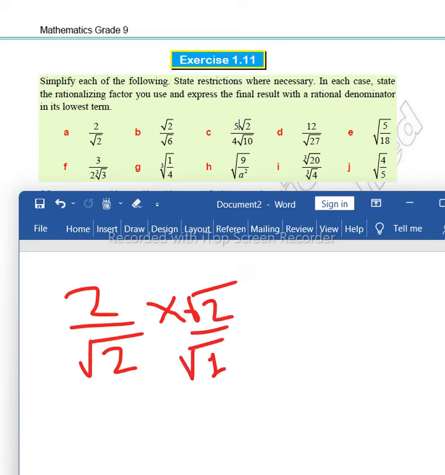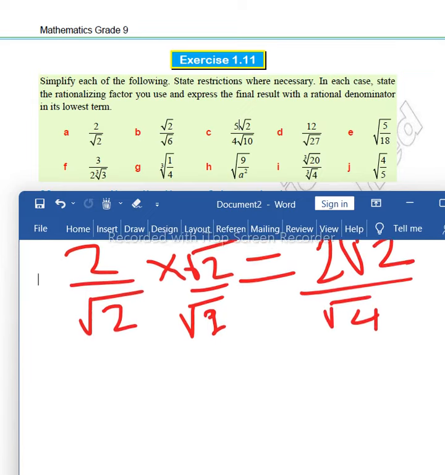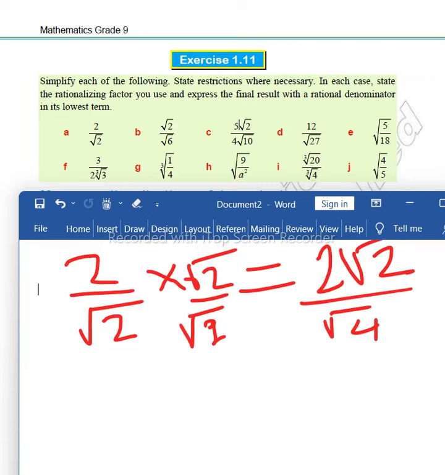Then 2 times square root of 2 means 2 square root of 2, and square root of 2 times square root of 2 is square root of 4, which is 2. So we get 2 square root of 2 over 2.